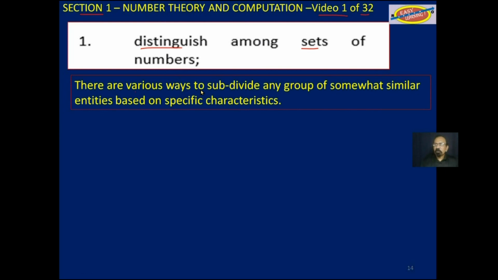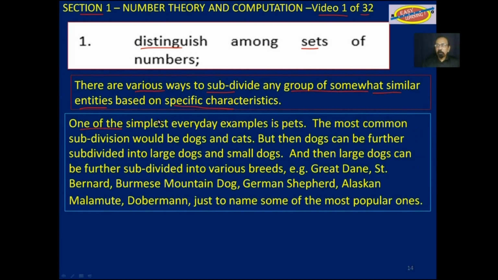Now, there are various ways to subdivide any group, especially a large group, of somewhat similar entities based on specific characteristics. One of the simplest everyday examples is pets. The most common subdivision of pets would be dogs and cats. But then dogs can be further subdivided into large dogs and small dogs. And then the large dogs can further be subdivided into various breeds of large dogs.